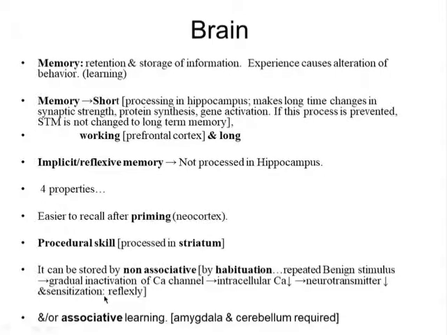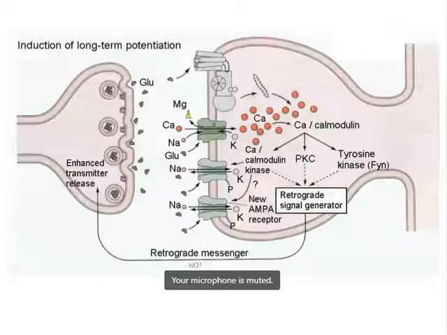Now, when we learn something, we learn through long-term potentiation. As I told in the previous class, this is the synapse, presynaptic end, postsynaptic end. From the presynaptic end, the glutamate comes and attaches to the AMPA receptor.